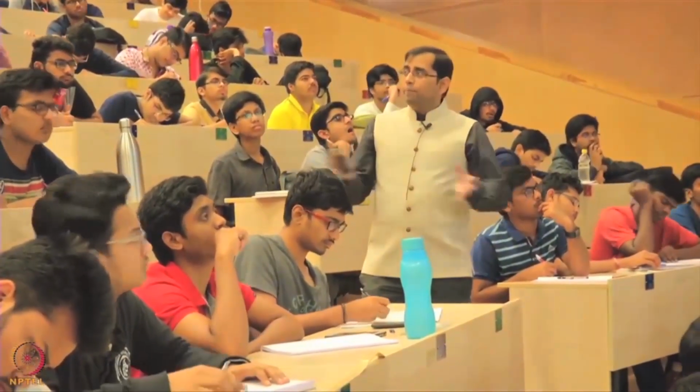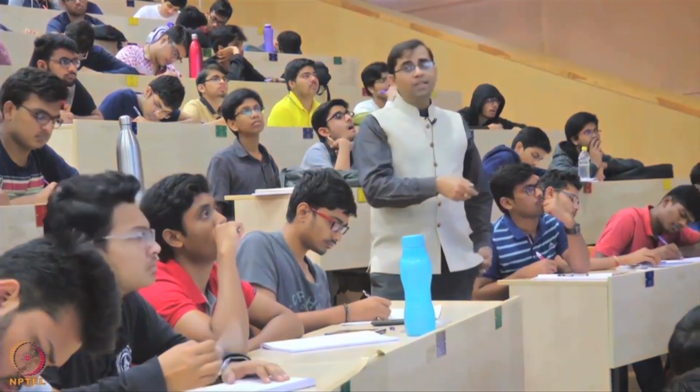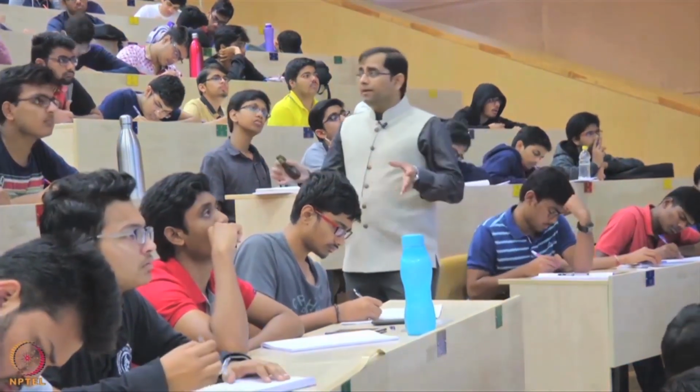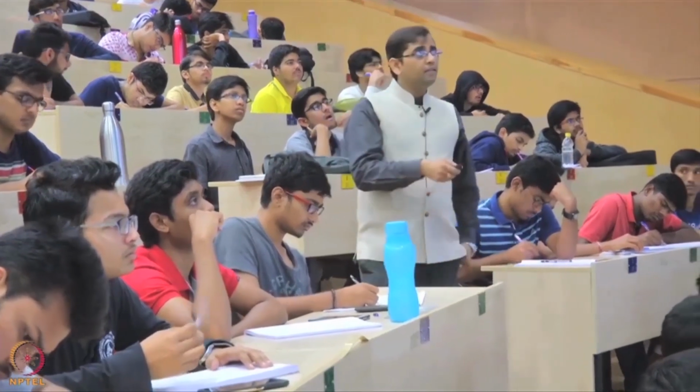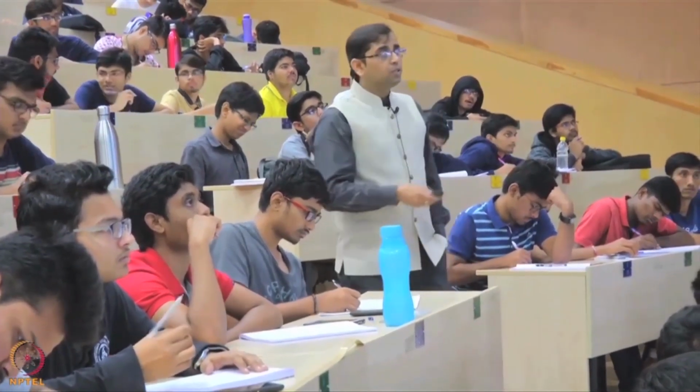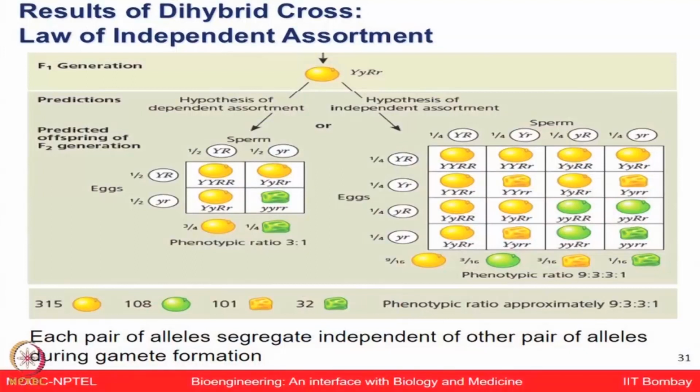If the characteristics were depending on each other, the ratio could have been 3:1. But because they were independent, they are sorted independently, and then the ratio observed was 9:3:3:1. So each pair of alleles segregates independently of the other pair of alleles during gamete formation.